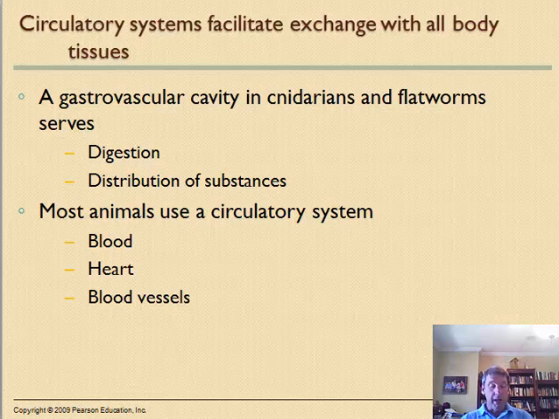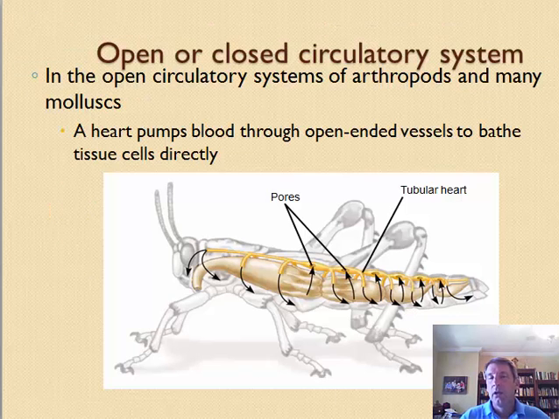The first thing we start out with in our outline is the two main types of circulatory systems: an open system and a closed system. A number of invertebrates have an open system, meaning the blood is just pumped out into an open cavity in the animal's body.